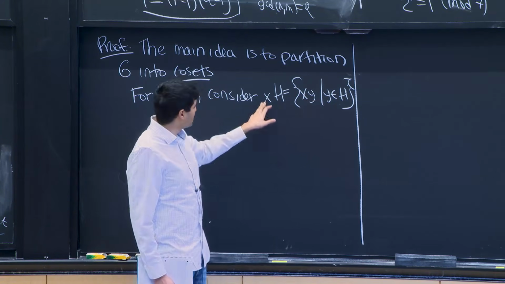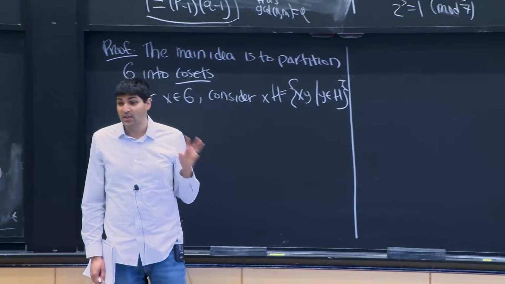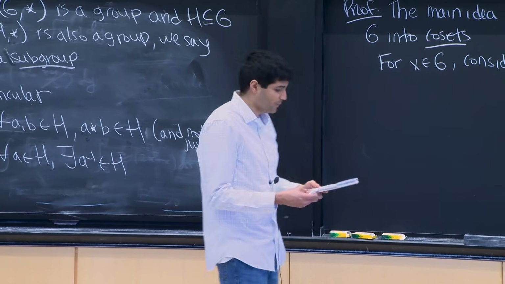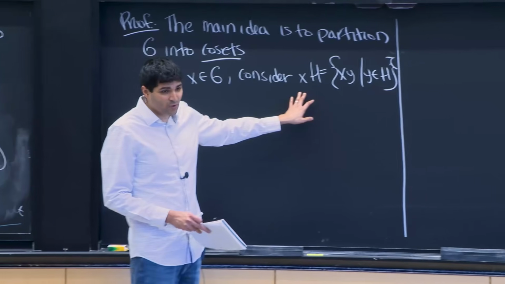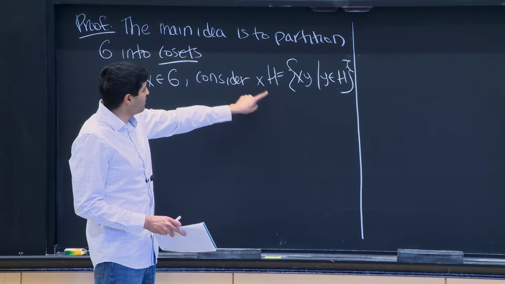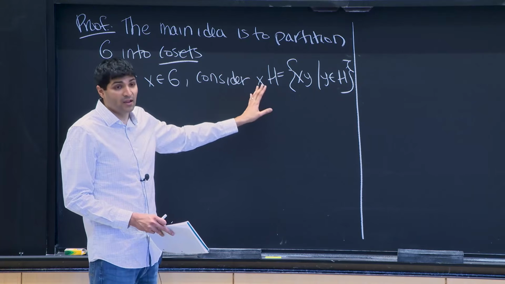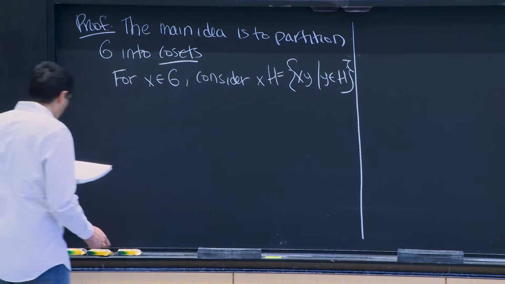When x belongs to H, I'm just getting back H. And when x is something else that does not belong to H, it's a translate of the thing I started from. So these are called cosets. In fact, this is called a left coset because the element I'm taking from G is multiplied on the left, and right cosets would be the same thing but on the other side.